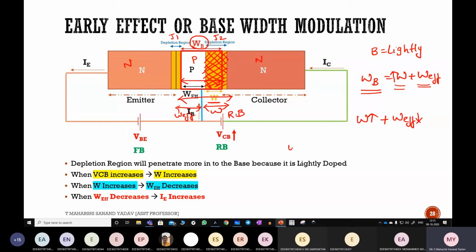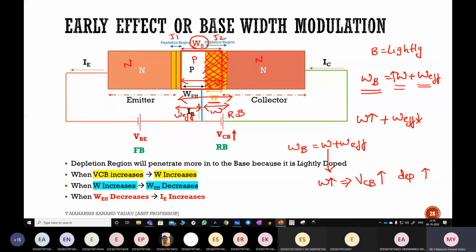So simply, the total base width is W plus W effective. Why is this width increasing? Does this width depend upon VBE or VCB? VCB. As VCB is increasing, will the depletion region increase or decrease? Increase.